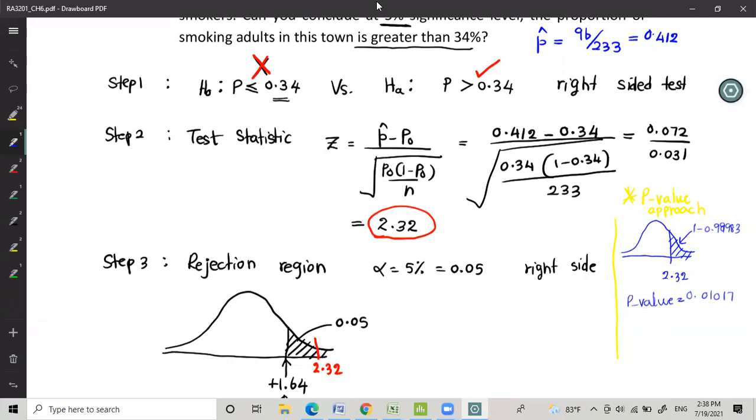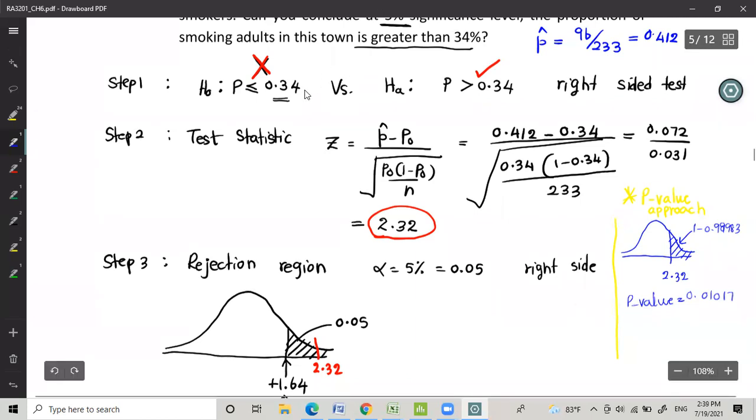Madam, excuse me, madam. Yes. Madam, can you explain again how to get the p-value? Yes. Okay. So when you do the hypothesis testing, you found the test statistic, the 2.32, that you know how to find using the equation.